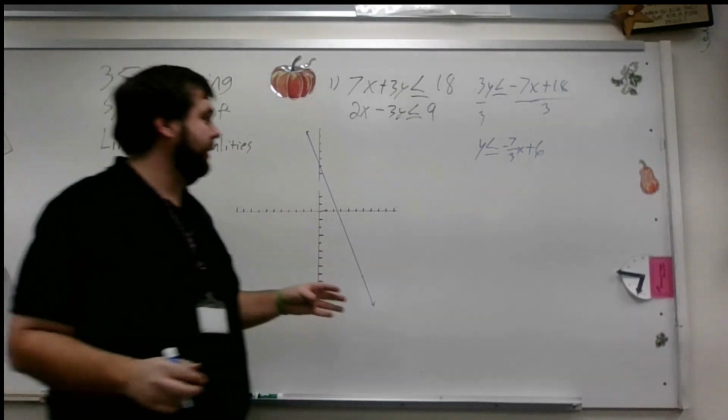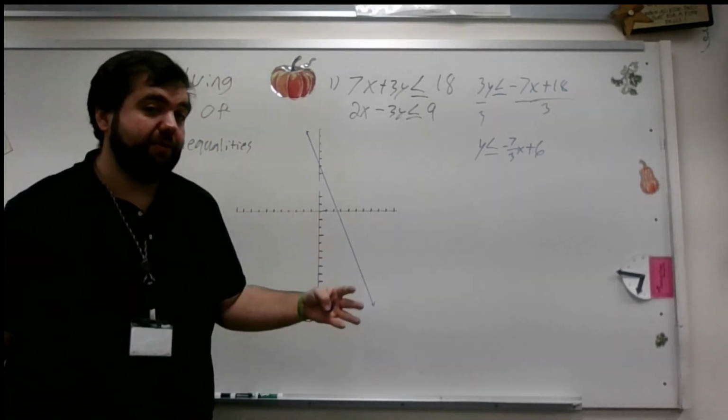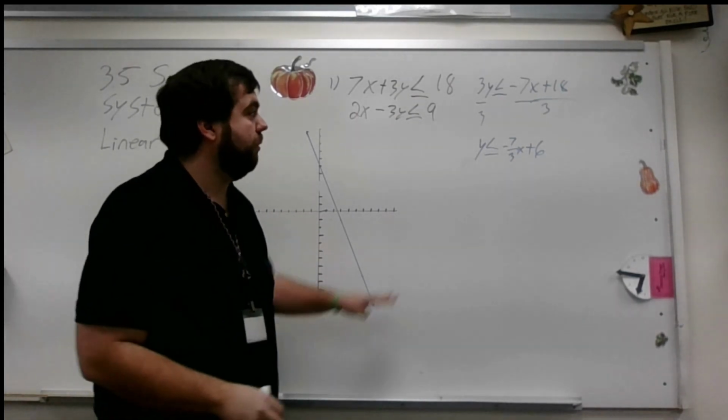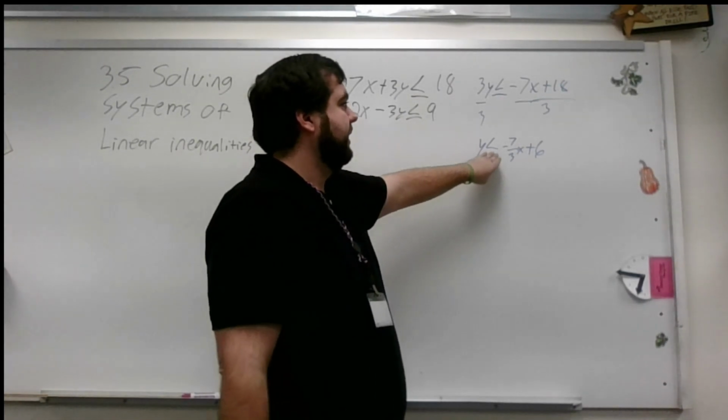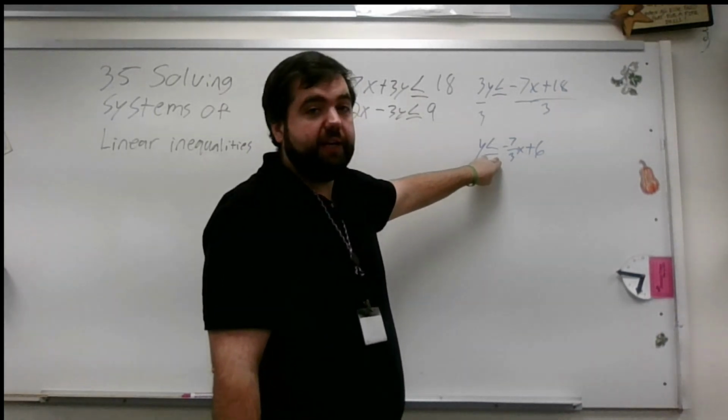Now, finally, except I already skipped a step. Conveniently, I was correct. What type of line should we have? When we look at our inequality, less than or equal, you see a solid line here.